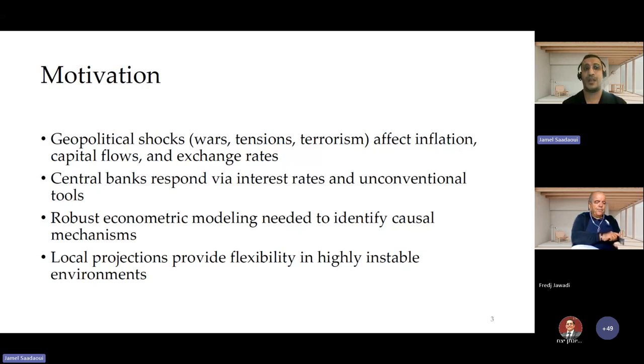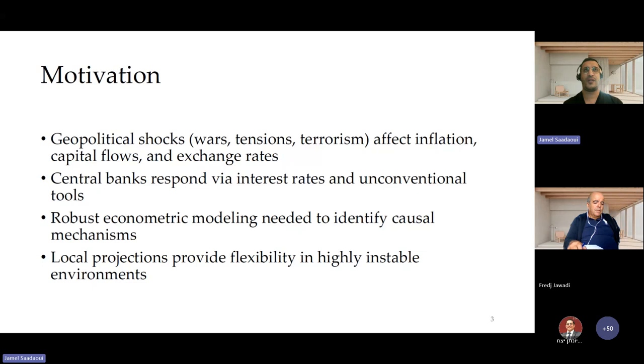What is interesting about the local projection methodology is that recent research by MIT researchers shows that local projection is robust to something which is everywhere in macroeconomics, misspecification.